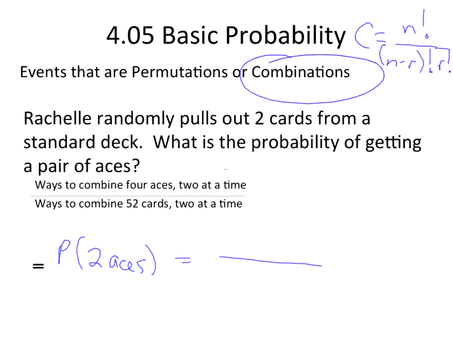Okay, so I'm going to go back now to our problem here. Because order doesn't matter, I'm using combinations. So I'm going to talk about what's my desired outcome on top. My desired outcome is to pick 2 aces. Over my entire outcome belongs on the bottom. So how we do that, it's going to be 4 total cards, picking 2 at a time.